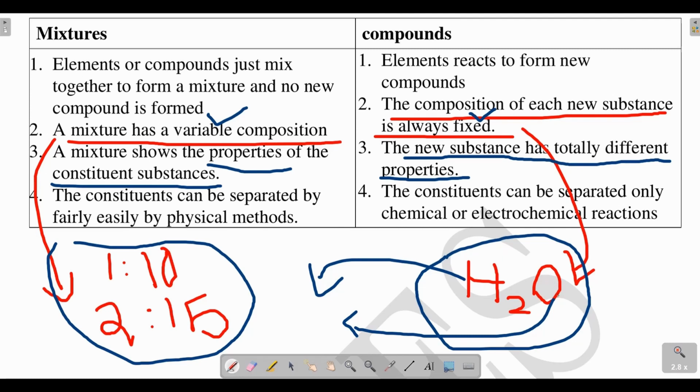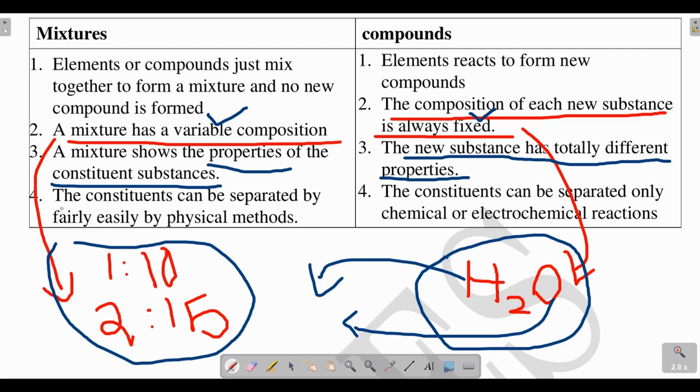The properties of hydrogen and oxygen independently help the combustion process, but when it is turned to water, water acts as an extinguisher. It is used for stopping the fire. That means in the case of a compound, the entire properties, physical or chemical, will be different from the properties of its constituents.